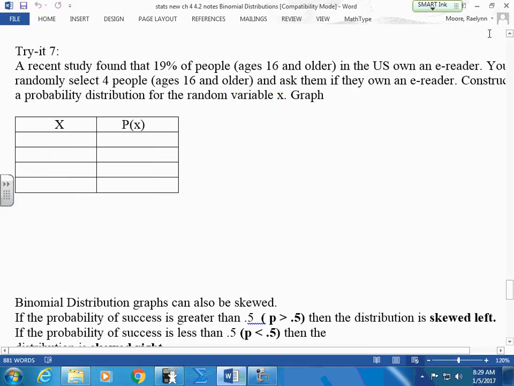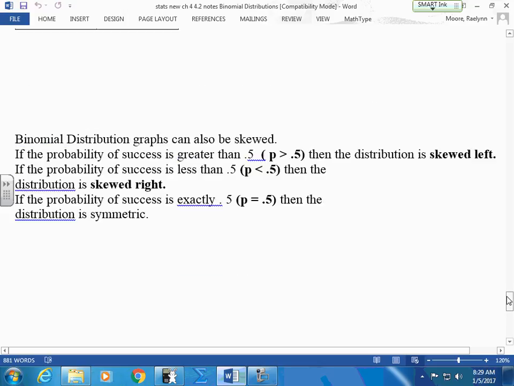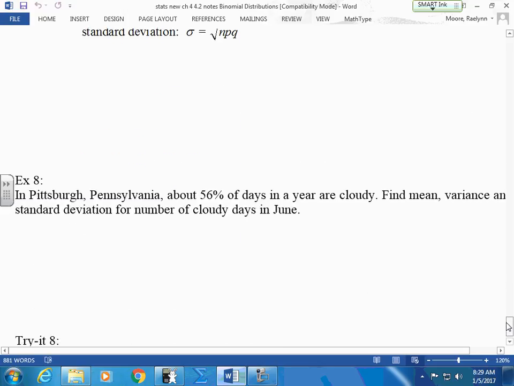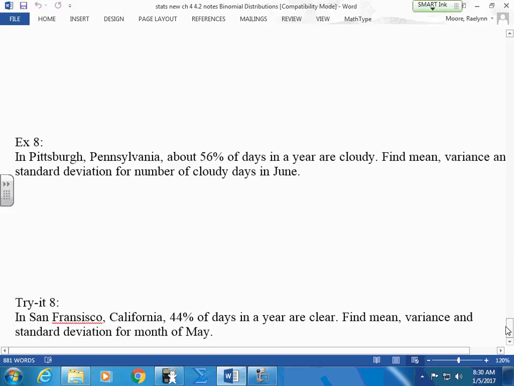Because sometimes you're going to get a problem that looks like this. And it says, in Pittsburgh, Pennsylvania, about 56% of the days a year are cloudy. Find the mean, the variance, and the standard deviation for the number of cloudy days in June. So I could absolutely make a table, right? What's my n?